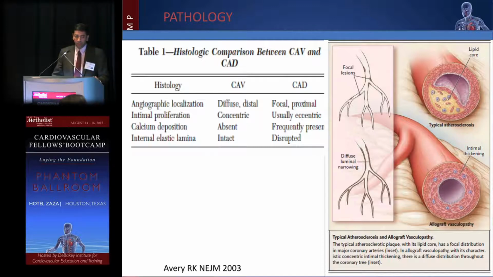The pathophysiology behind atherosclerosis is all due to lipid-laden macrophages, intimal injury, and then plaques. This is very different from cardiac allograft vasculopathy, which is a fairly immune-mediated process, leading to more medial hypertrophy and very concentric lesions. So you get a lot of small vessel disease and more distal disease, which you really can't do much about in terms of PCI or surgical options.